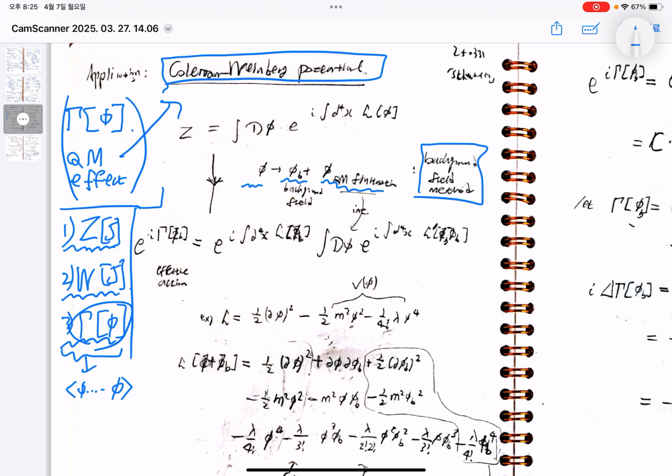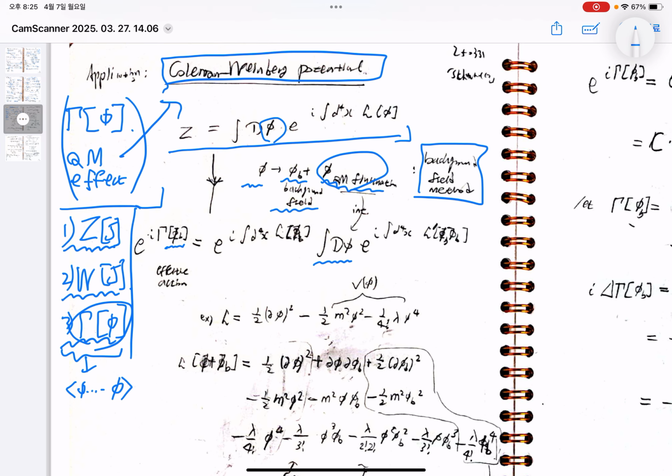And we will integrate out the quantum fluctuations so that only the background fields remain. If we decompose this phi field in the path integral formalism, then there will be the d phi, which is the quantum fluctuation, integrated out, and only the phi_b remains.